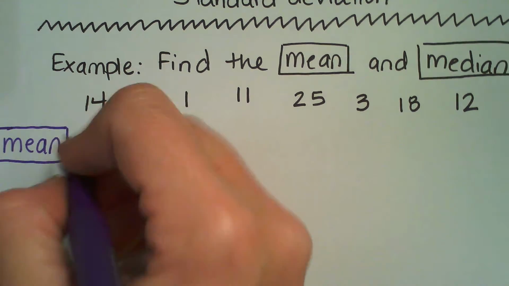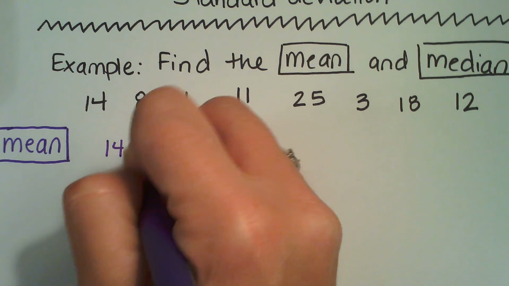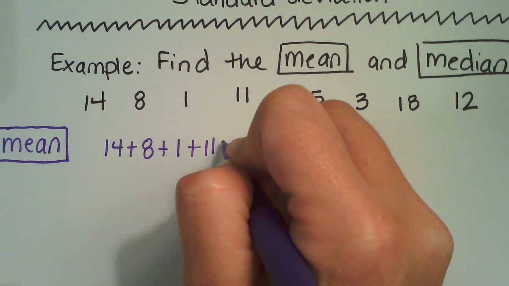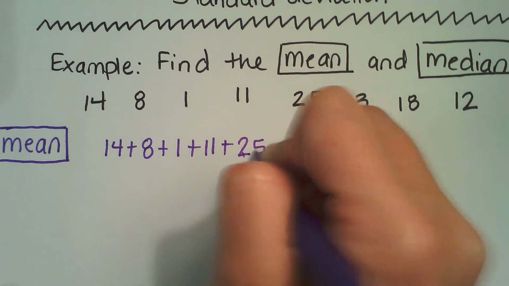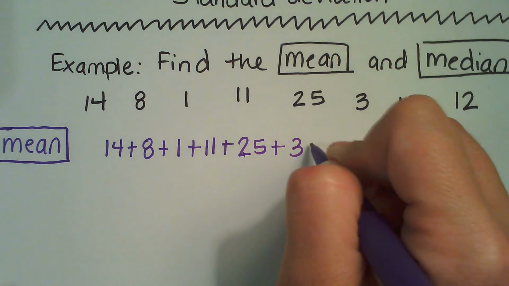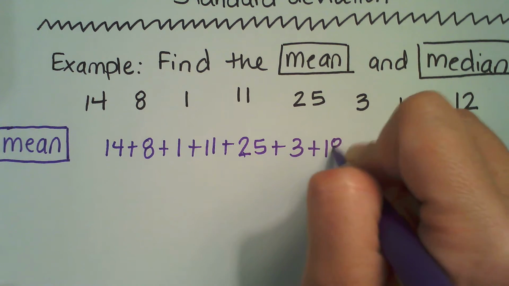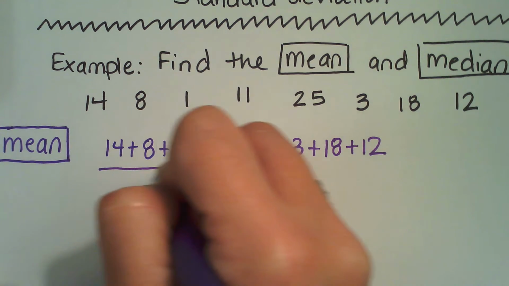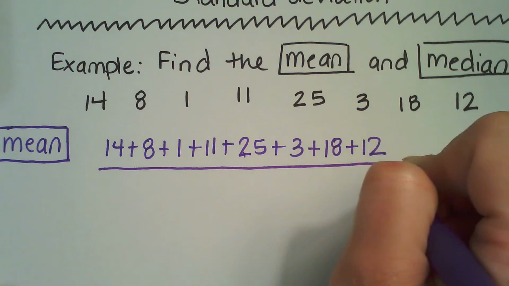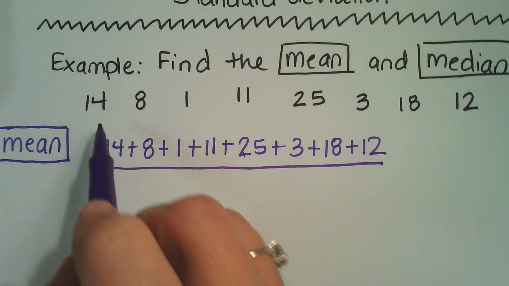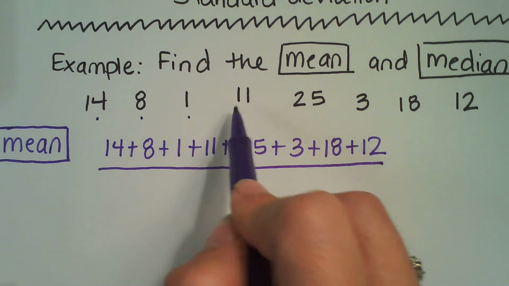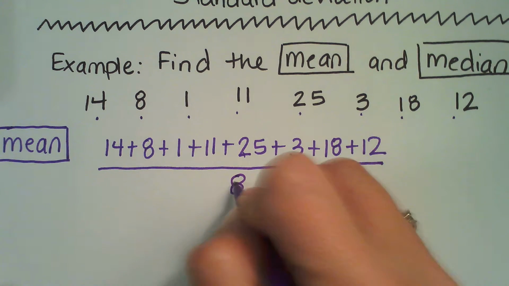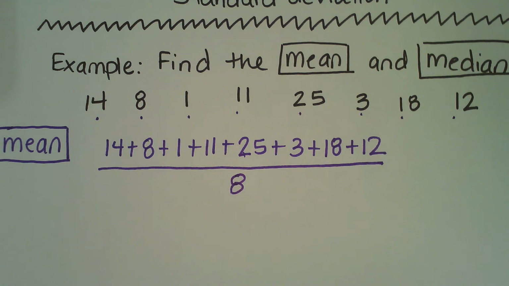All right, so to find the mean, we're going to add up all of the pieces of data and divide by how many pieces of data we have. We have 1, 2, 3, 4, 5, 6, 7, 8 pieces of data.